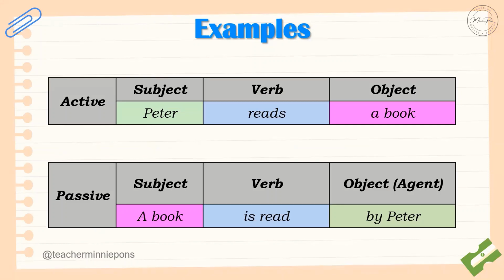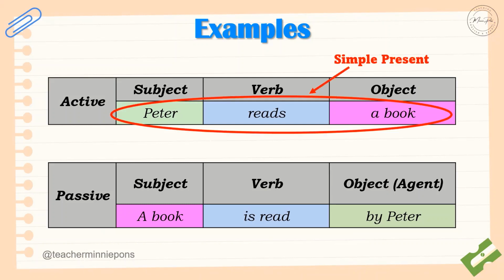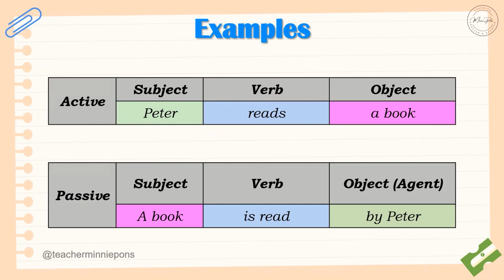Let's see some examples. Peter reads a book. First, we have to identify the tense, simple present. Second, we have to identify the subject, the verb, and the object. Why? Because we have to begin the sentence with the direct object and end with the subject, that is the agent.